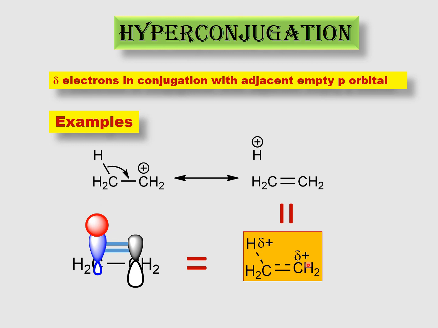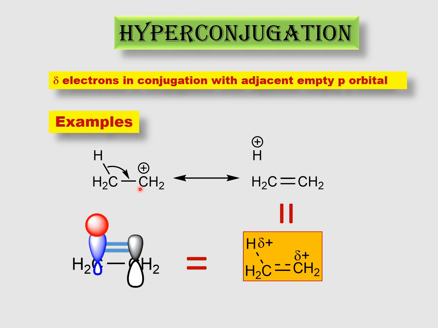And as a result, now you can see that this hydrogen is shown with a delta positive charge, and this carbon also has a delta positive charge. Delta in this case means half. The original molecule had +1 charge on this carbon atom, so the overall charge in this species is +1.